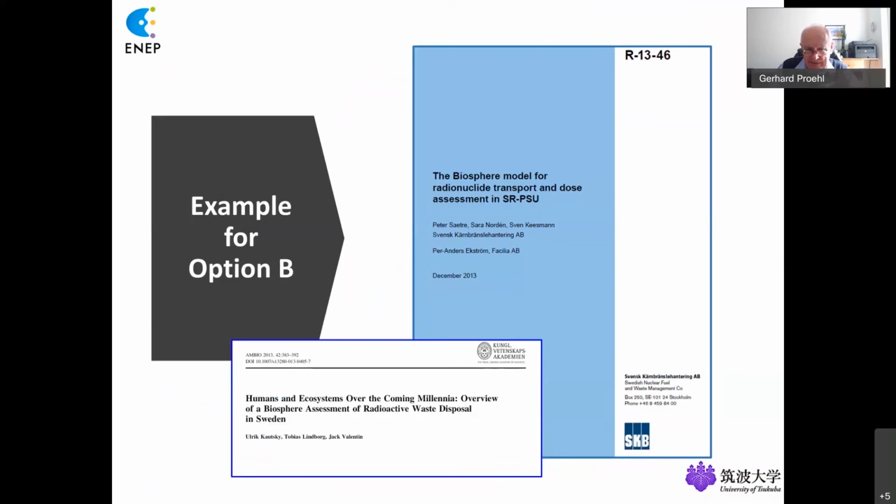An example of that is described in these two publications and reports. If you look at these publications, you will find also more references. There's a lot of material, in particular, on this option. This example is taken from the safety assessment of the Swedish facility for high-level radioactive waste.